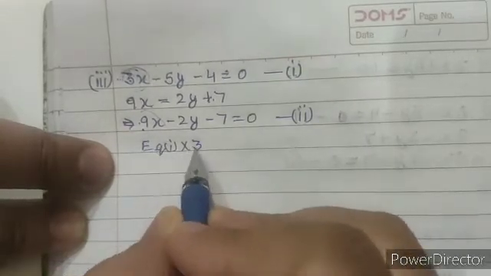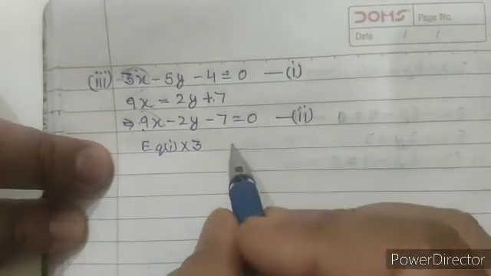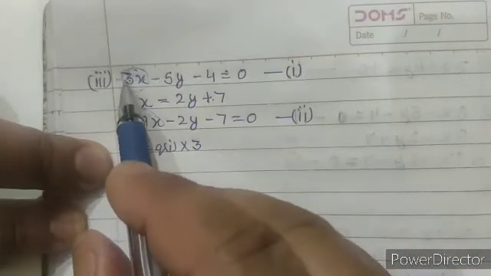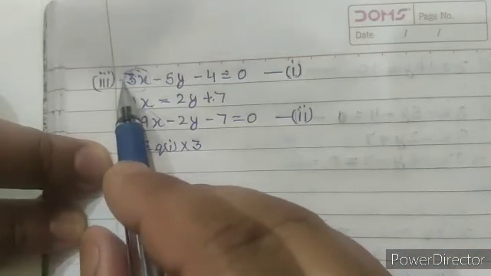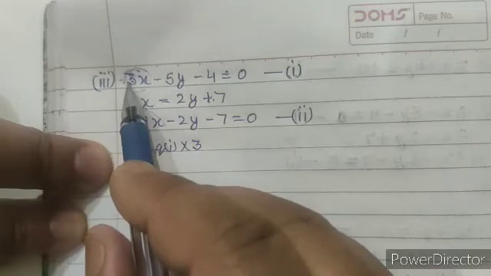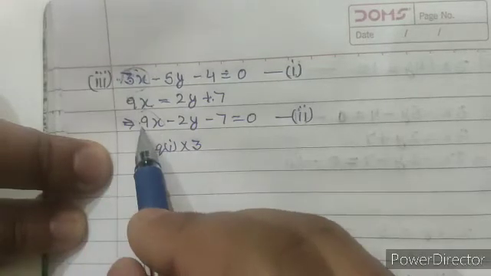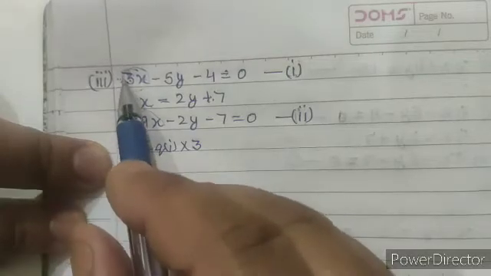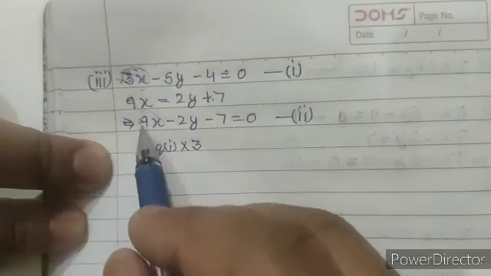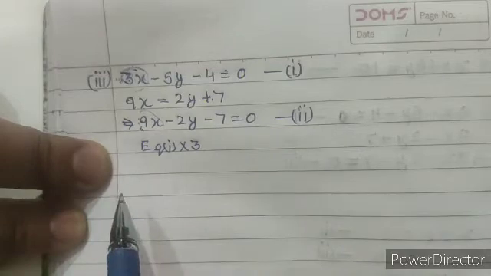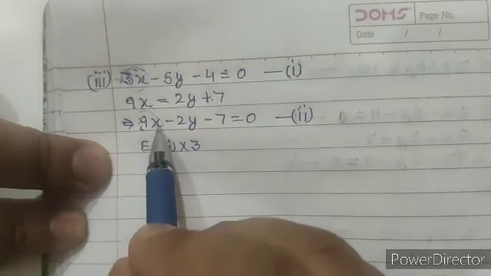On multiplying equation first by 3, now here the sign of coefficient of x in equation first is positive and in equation second it is also positive. So both the equations have same sign of the variable which we are eliminating.